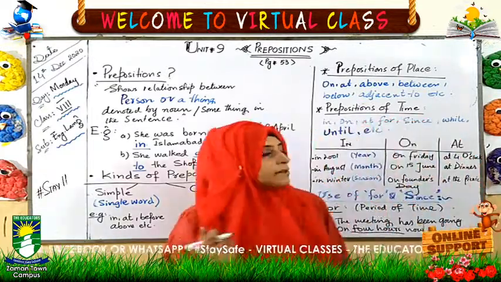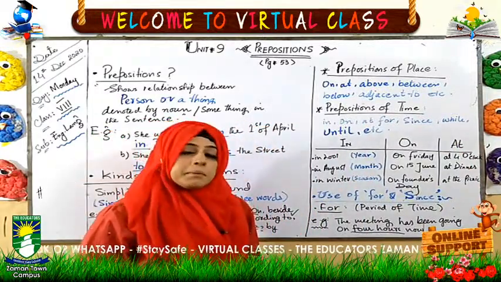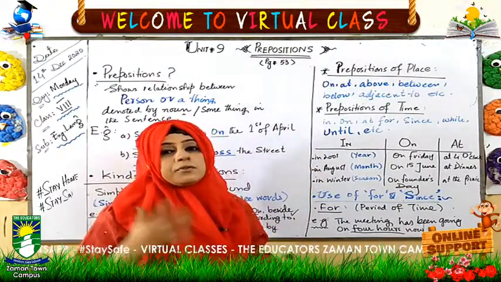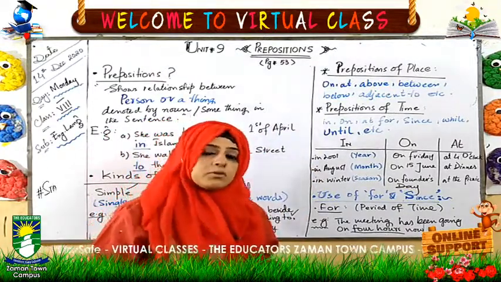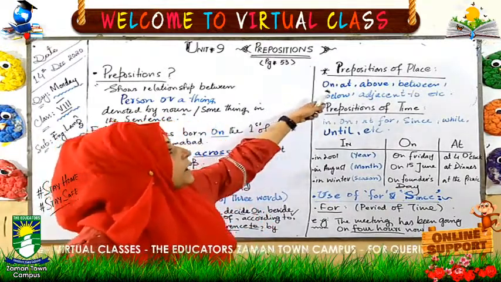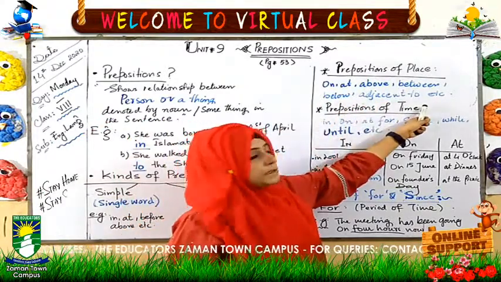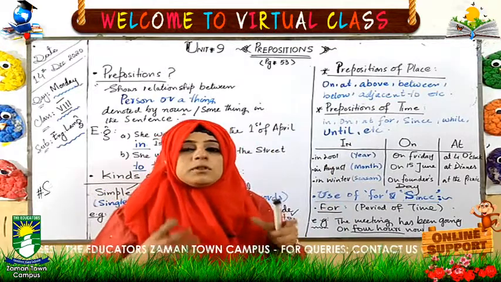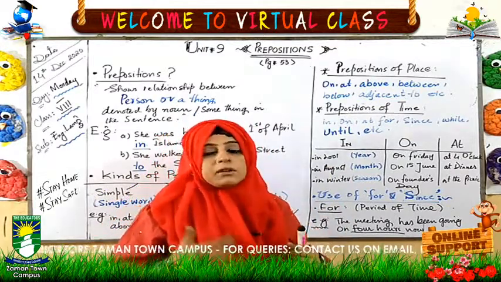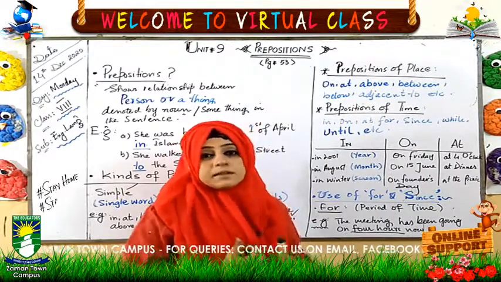Now come up to the next thing which we are going to discuss: prepositions of place. Prepositions of place means we are referring to places particularly. For instance, on, at, above, between, below, adjacent to, etc. These are the particular prepositions which we use for showing the location or position of something, that is, where the noun has been placed, right?